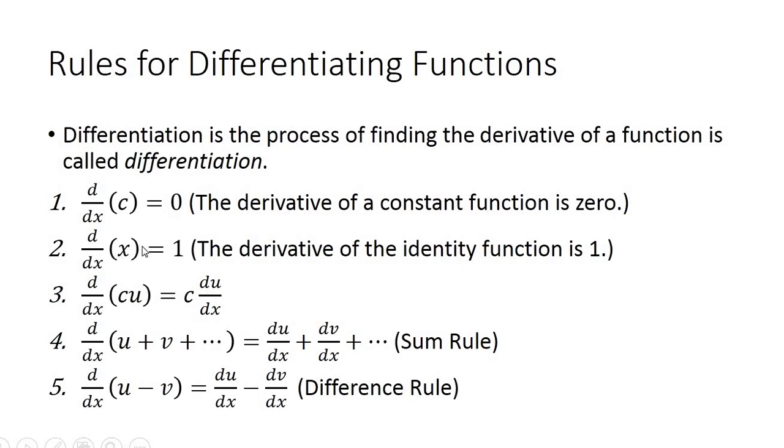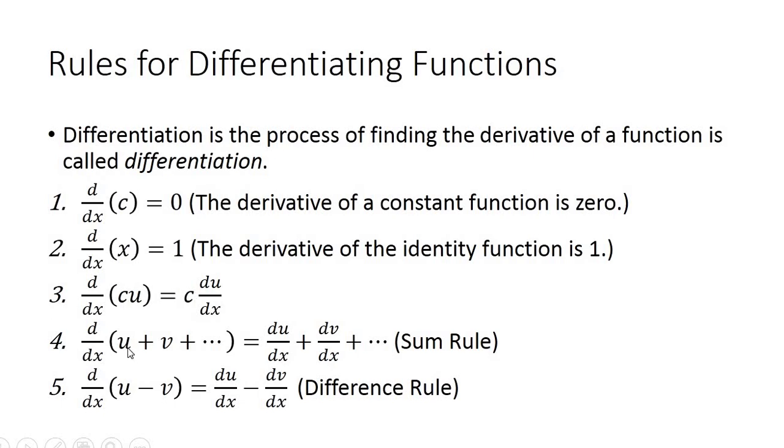Number 2, we are differentiating x with respect to x. Differentiating a constant with respect to x will give you a 0, and differentiating x with respect to x will give you a 1. Differentiating cu, where c is a constant, is the same as taking the c outside.